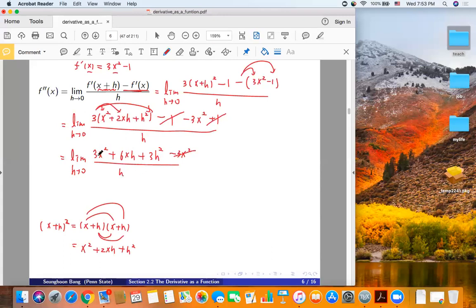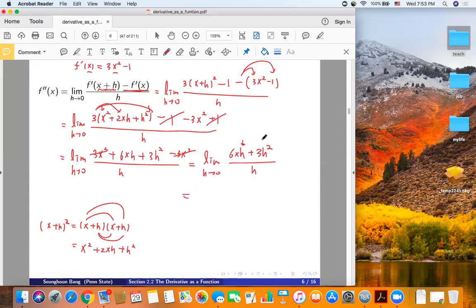The 3x squared is cancelled. This is a limit as h approaches 0. The remaining thing is 6xh plus 3h squared over h.